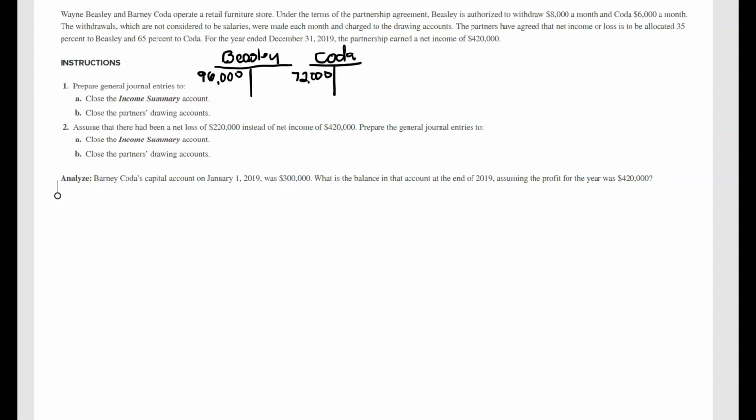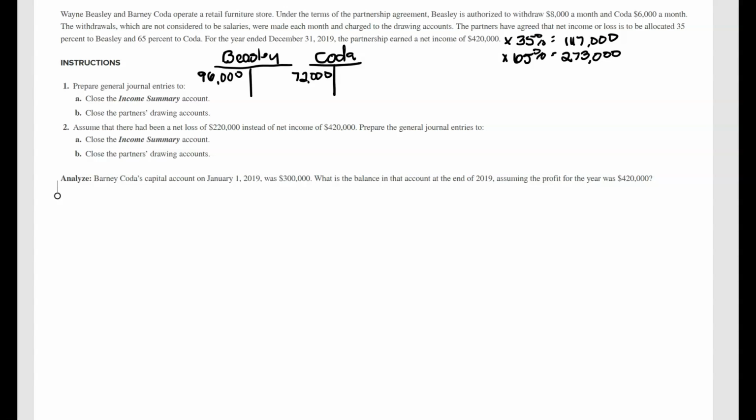So if we take $420,000 and we multiply it by 35%, that is $147,000. That is how much Beasley's going to get. Okay, then take that net income and multiply it by 65%, and you get $273,000. That is how much Barney Coda is going to get.